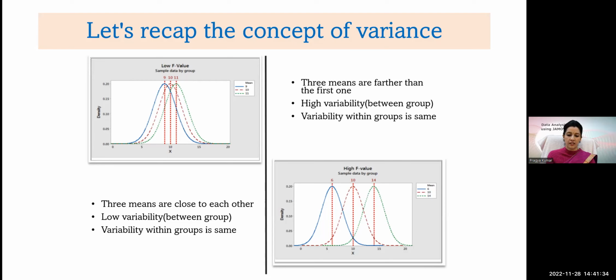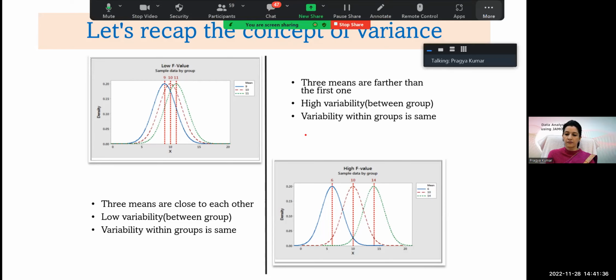In the second graph, if you focus on this graph, you will see that the group means are farther apart, like 6, 10, and 14. So the three means are farther, and then there is a high variability between groups because the overlap is lesser than this.